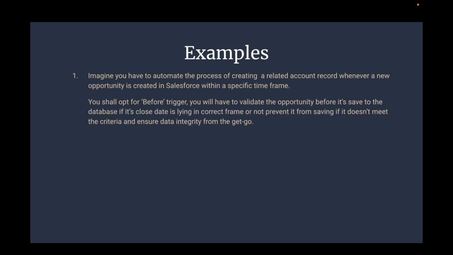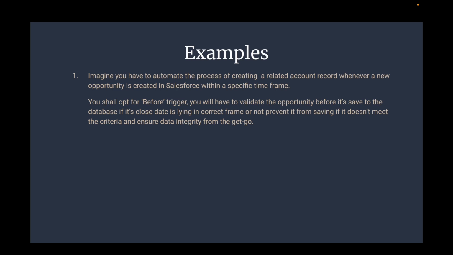So let's see. We shall opt for before trigger in this case, because we need to validate the opportunity before it is being saved to the database. We need to check if this opportunity is being created within a specific time frame. That specific time frame we can choose for any other field as well, but for our current scenario we are choosing the close date field on the opportunity.